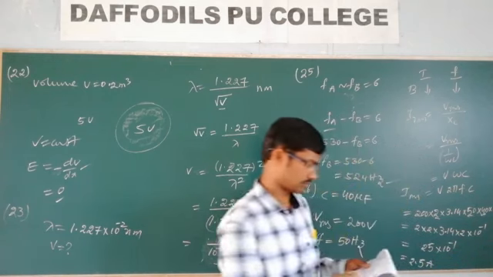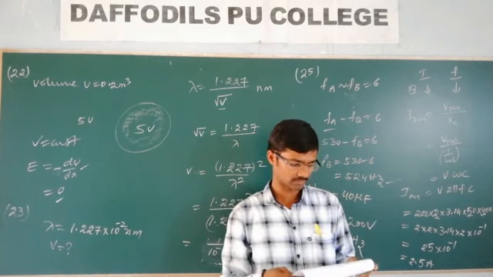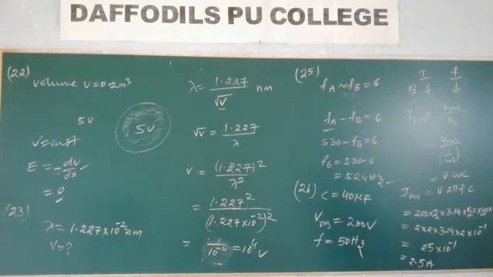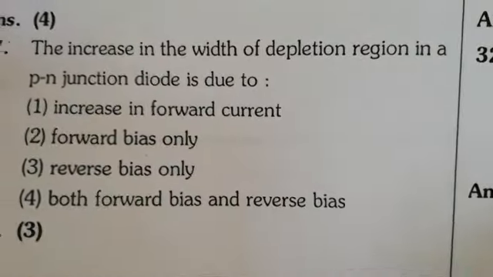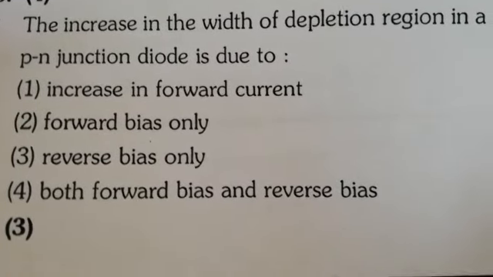Now 2 into 4 is 8, 8 into 3.14 is approximately 25, into 10 power minus 1, that is equal to 2.5 ampere, which is the 4th option, 2.5 ampere.